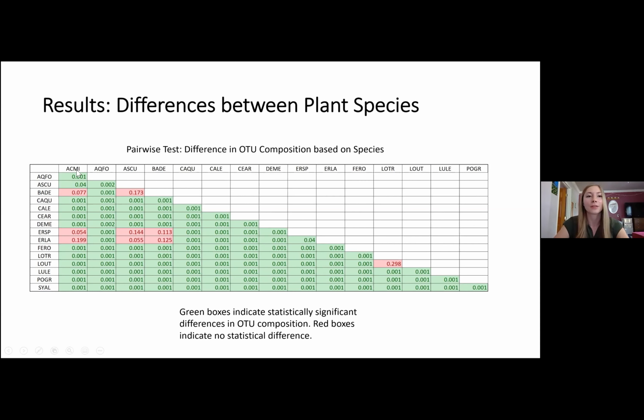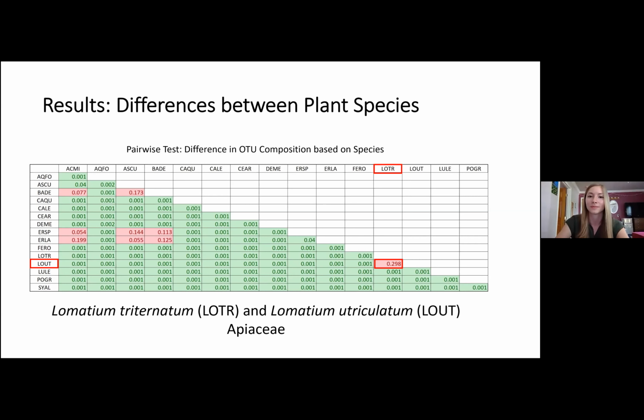And you can see throughout the rest of my data that almost every other box is green. So that indicates that plants usually have seriously large statistical differences in their bacterial OTU composition. However, there are some red boxes throughout my data. And this indicates that plants actually have similar OTU compositions. So I wanted to understand why there were some similarities between these plants.